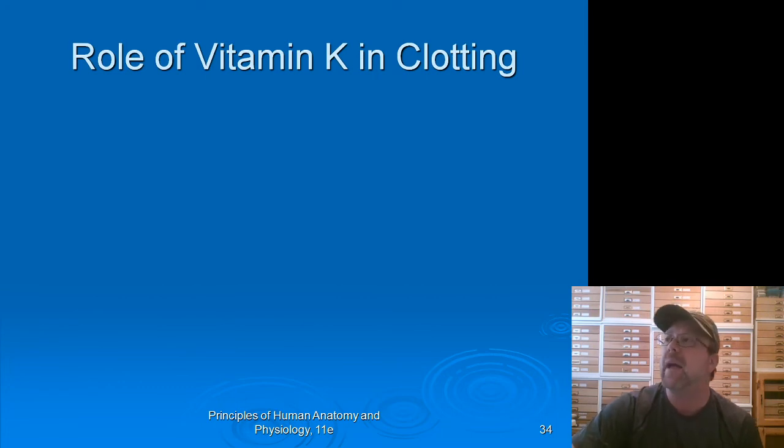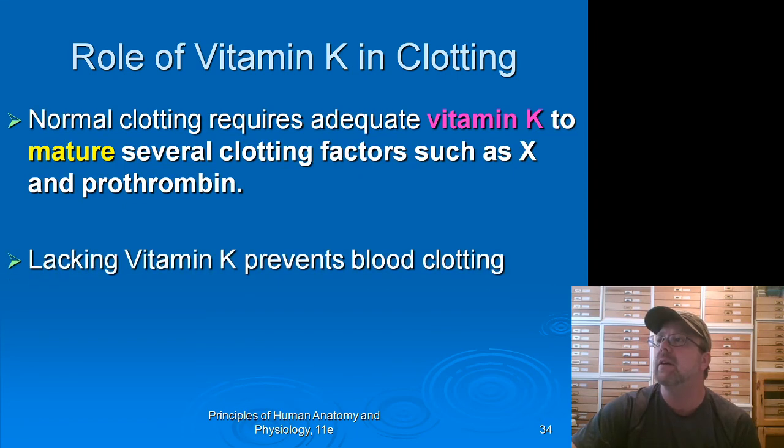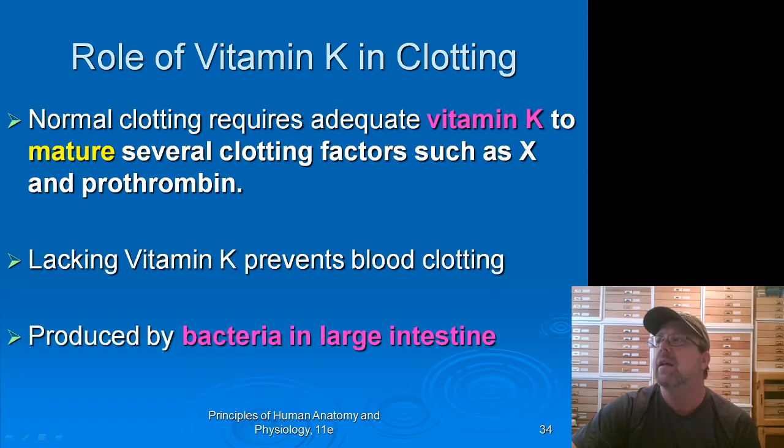One other thing to mention here before we go is that vitamin K is needed to help clot the blood. All right, so vitamin K here is a vitamin that, well, you can get it in food, but it's primarily made by bacteria in our large intestine.